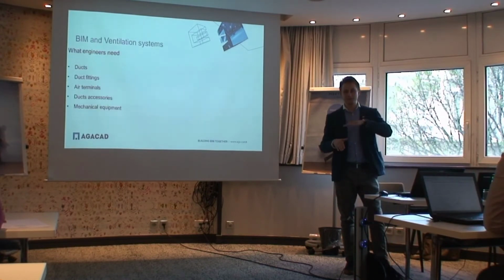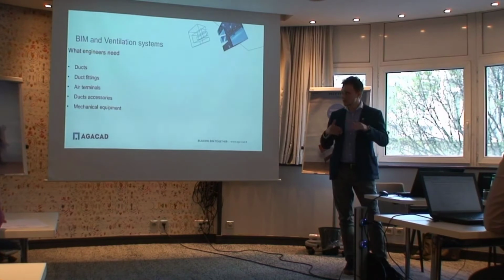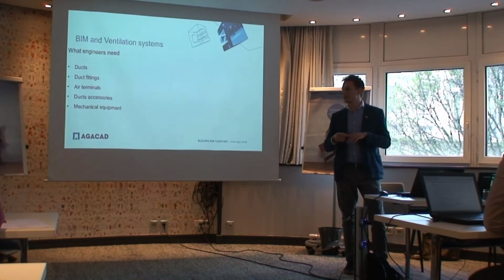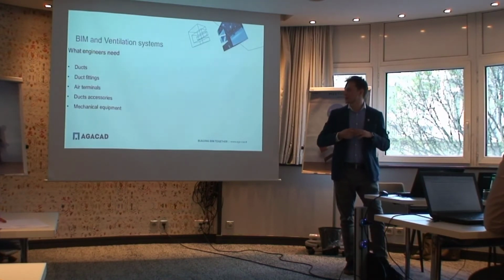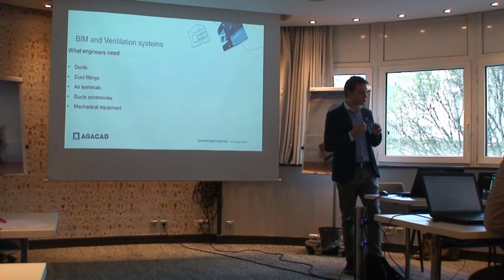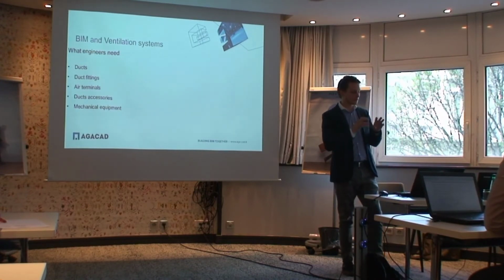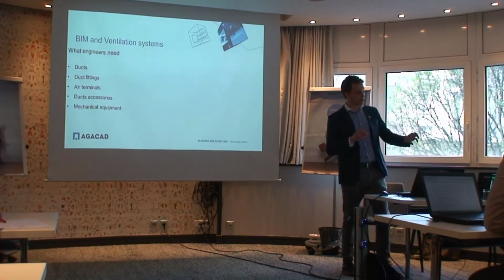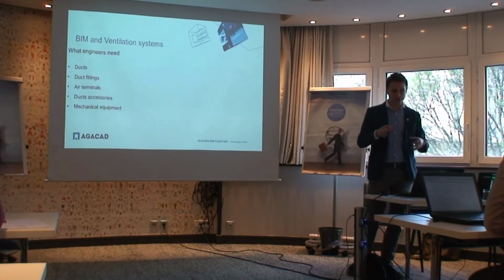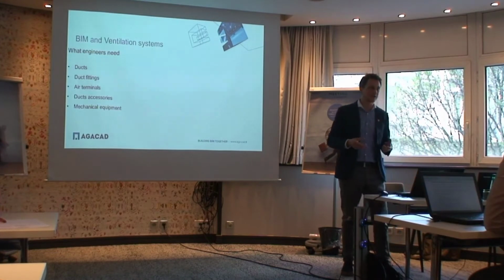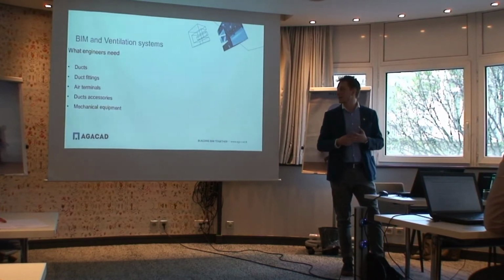Let's go a bit deeper into your stuff, into the ventilation system. So what do the engineers need? As I told you, we have different actors. At the moment, I'm speaking about engineers, the drafters, the designers, who are making the model.